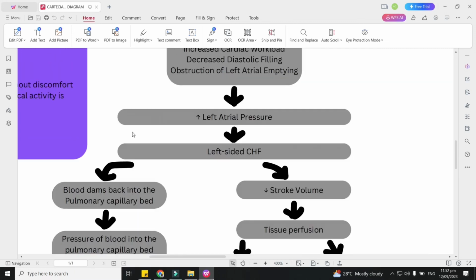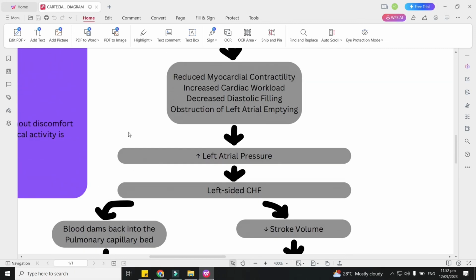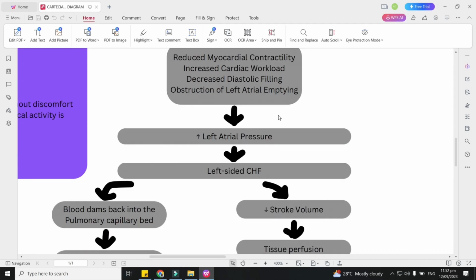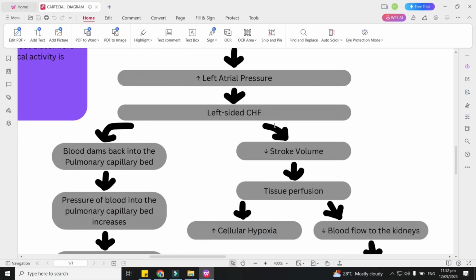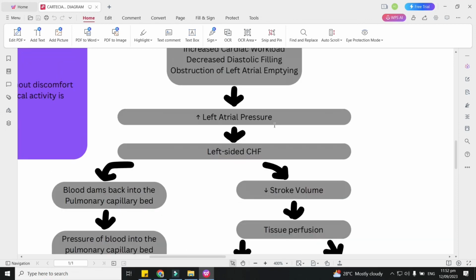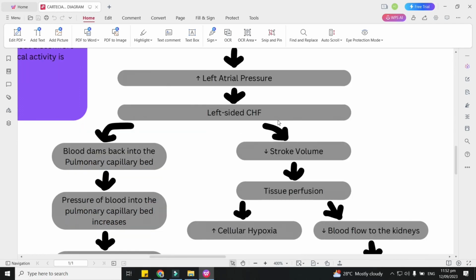It tries to contract, but it has decreased contractility. So there's blood left still from the last contraction. So the next blood that enters fills up the heart until such time that it overflows. So where does it overflow?